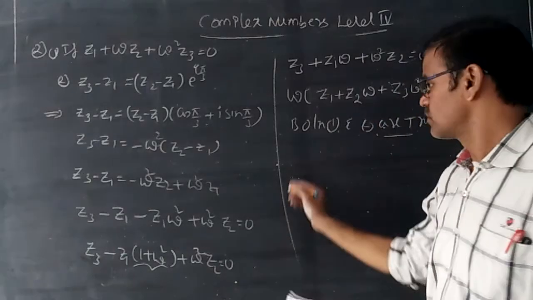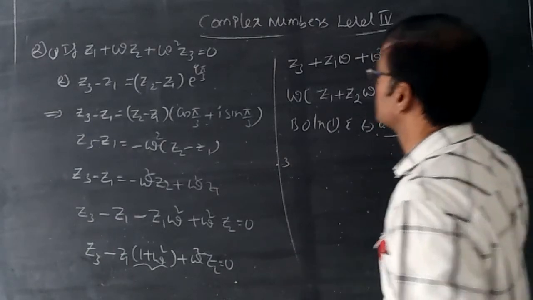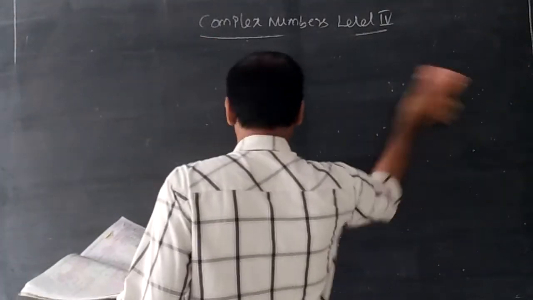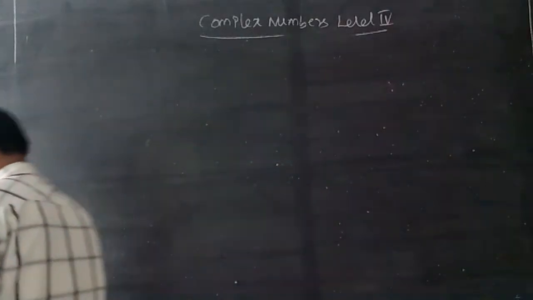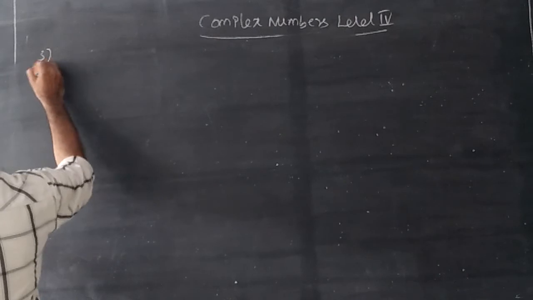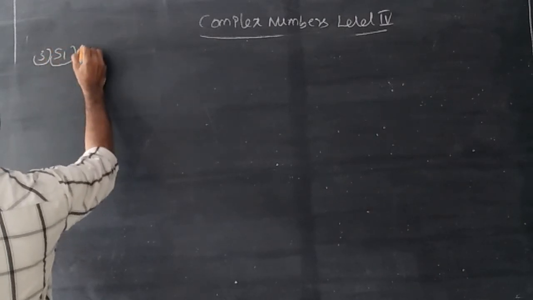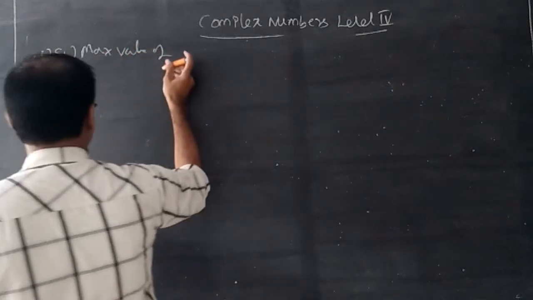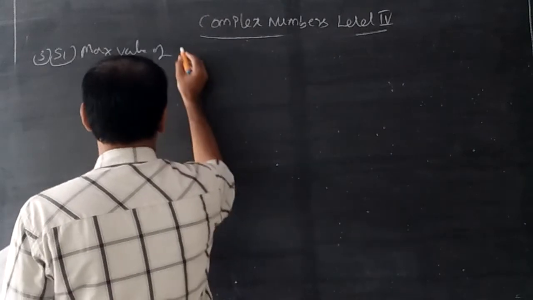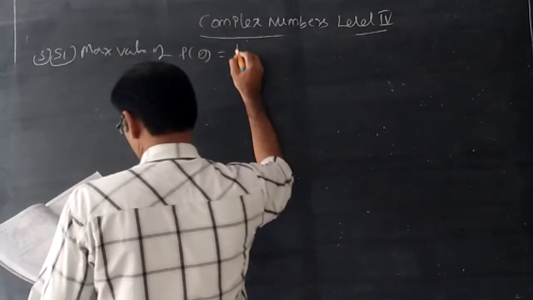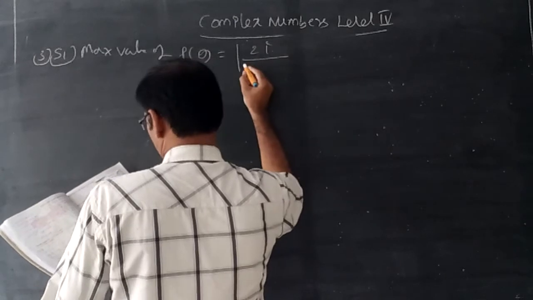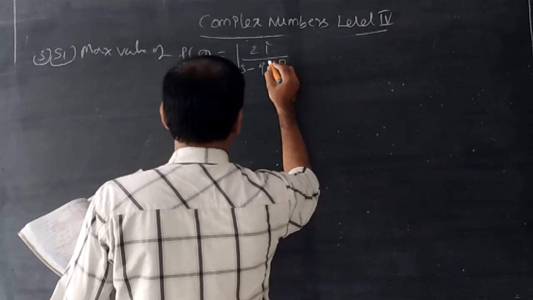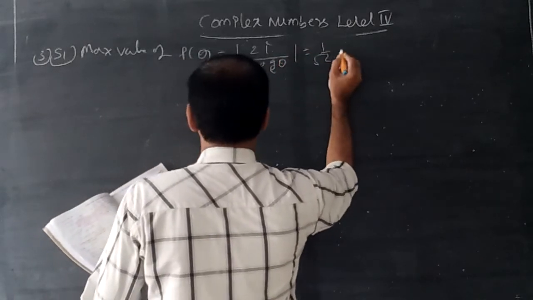Now, third question. Statement 1: the maximum value of f of theta, which is the modulus of 2i by 3 minus i into e power i theta, is equal to 1 by root 2.